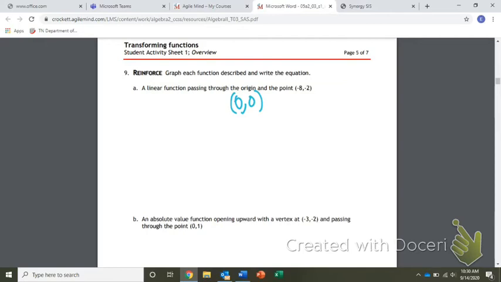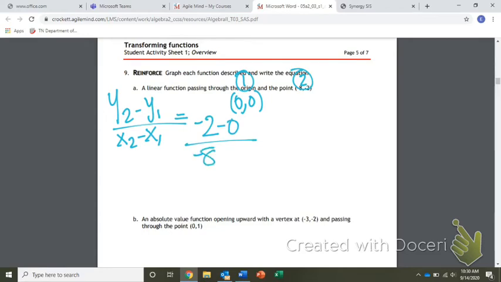So first, I'm going to use y2 minus y1 over x2 minus x1. Alright, right here we have to do two things. Two negatives make a positive. And then we have to simplify to 1 over 4. So 1 over 4 is my slope.